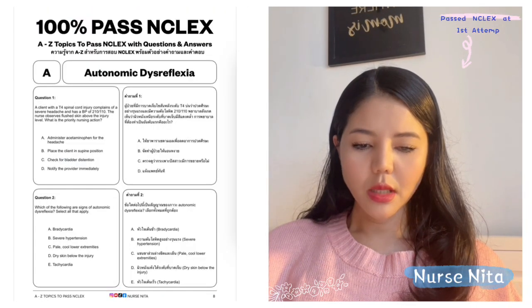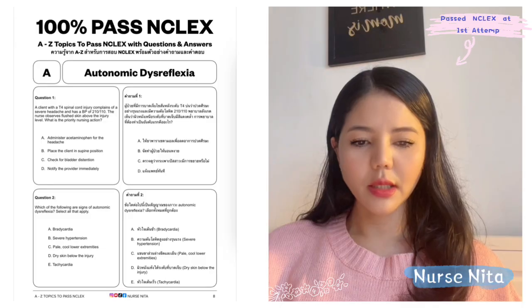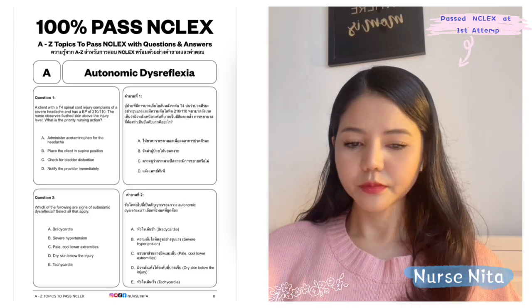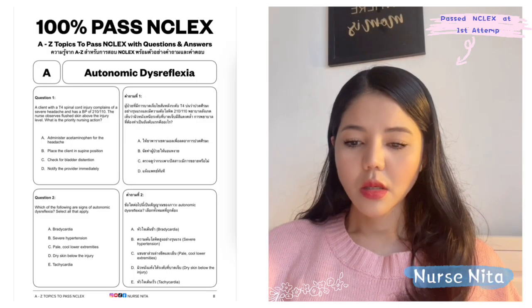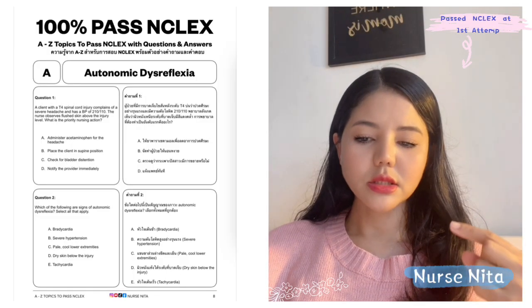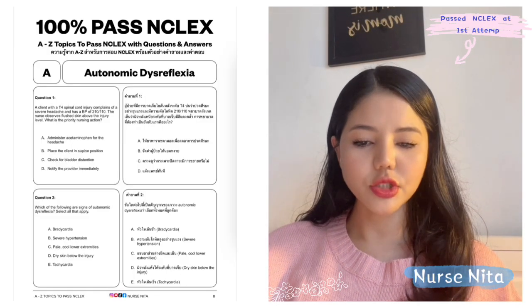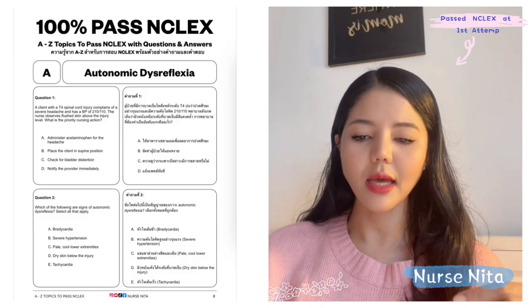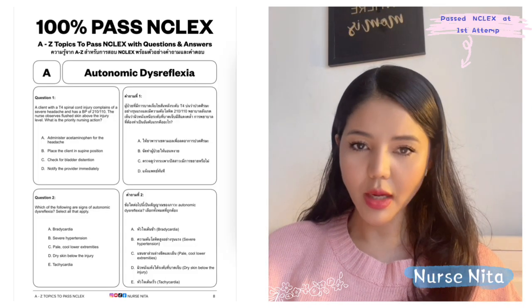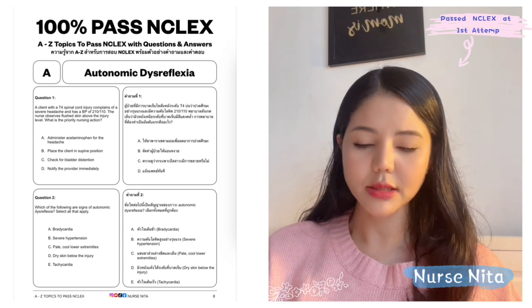Okay, and then we go to the example questions. Question number 1. A client with a T4 spinal cord injury complains of a severe headache and has a BP of 210 over 110.